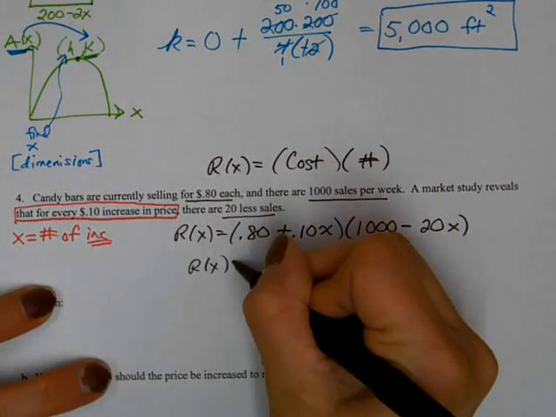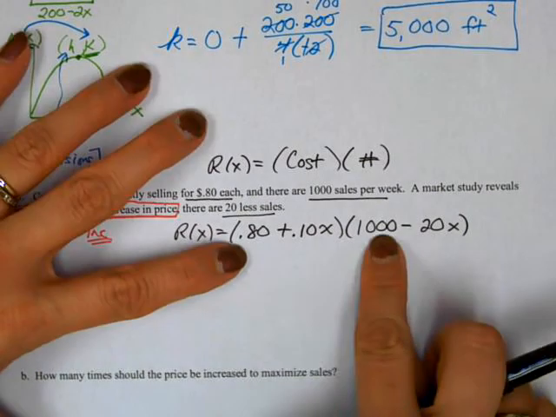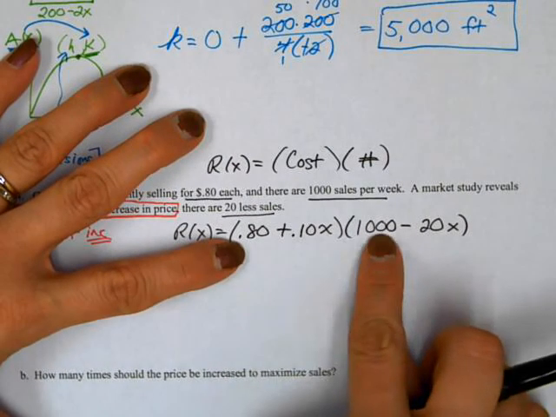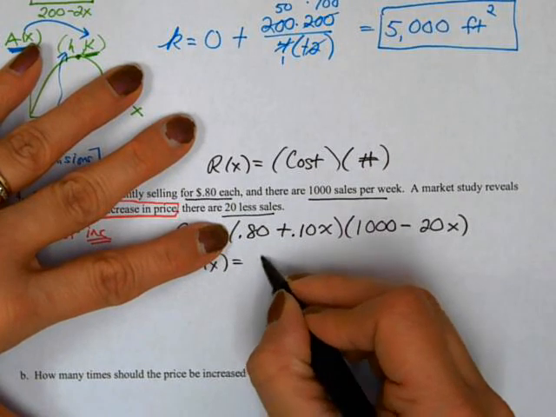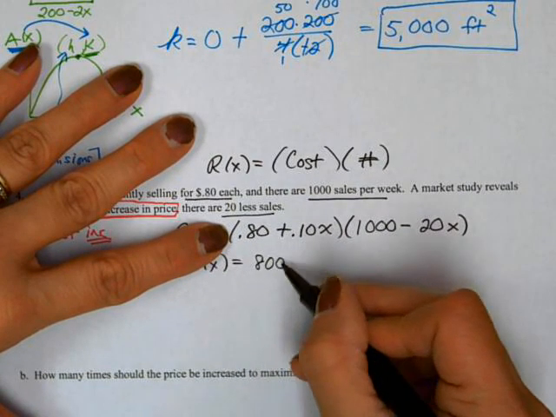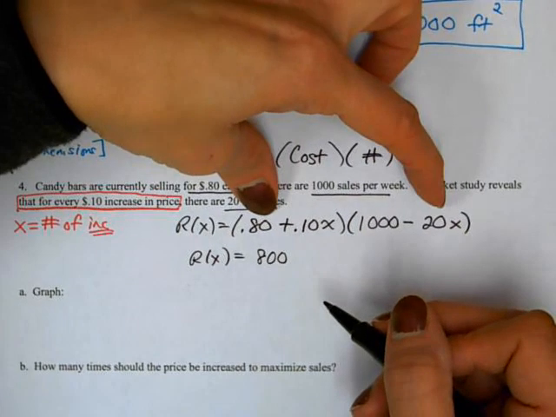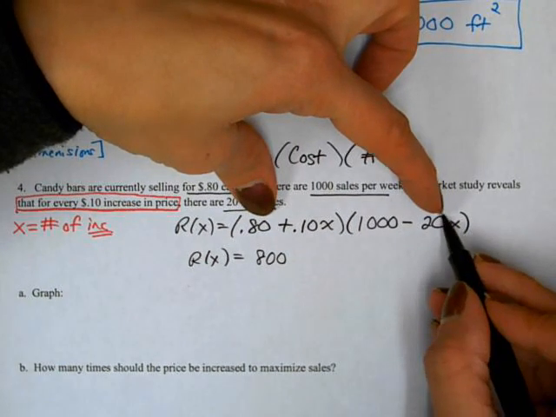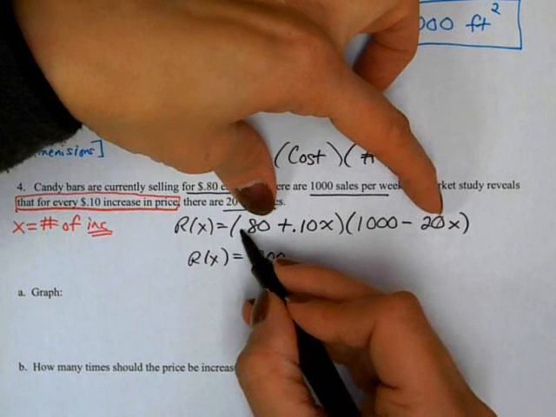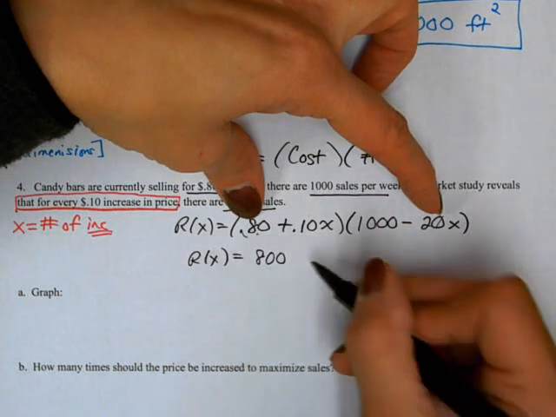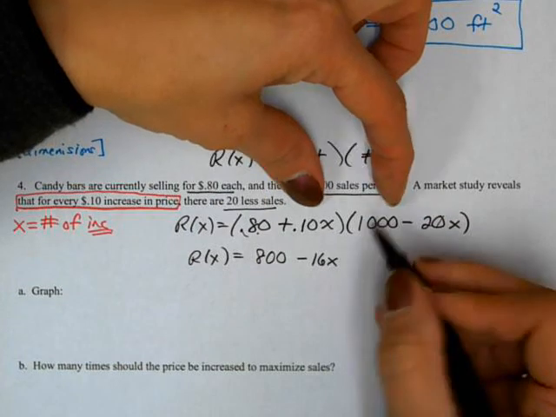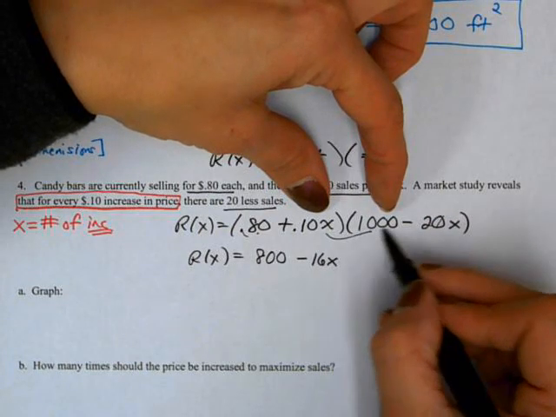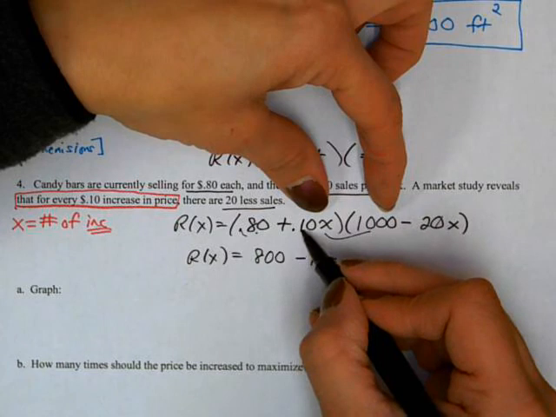So R of X equals, when you multiply by 1,000, we're going to move this decimal over 3 times. 1, 2, 3, that's going to be 800. Outers: if you chop off that 0, you can move this over 1. 8 times 2 is going to be minus 16x. When I do the inners here, I'm going to move this decimal 3 places to the right.